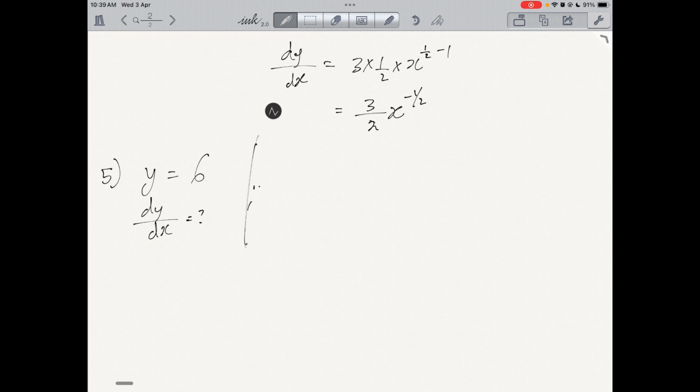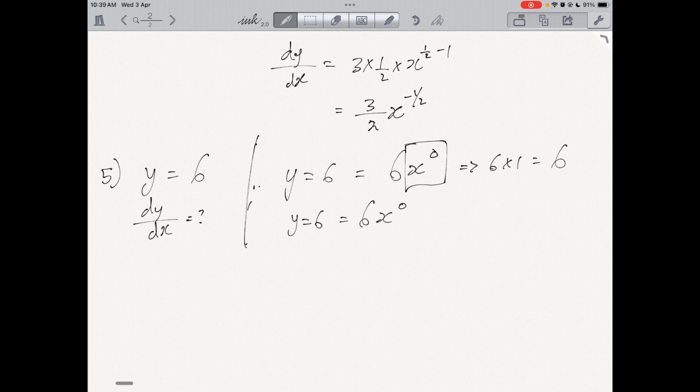So, y = 6 is the same thing as writing 6x^0, because anything raised to power 0 is 1. So this is written as 6 multiplied by 1, which is the same thing as 6. So if you want to evaluate the differential of y = 6, we are going to consider it as y = 6x^0.